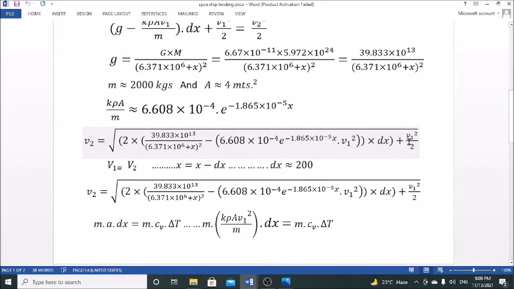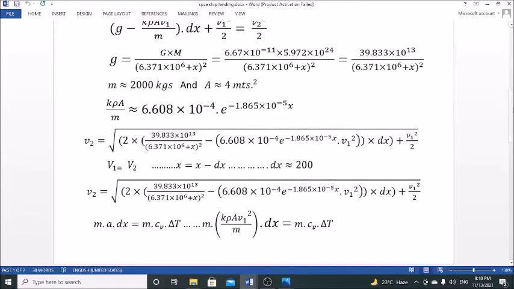Substitute here for a given v1 starting from this distance. Supposing it started from 20 meters per second, 200 meters per second, 0, we substitute for v1 in this relation, here and here, and obtain the v2.